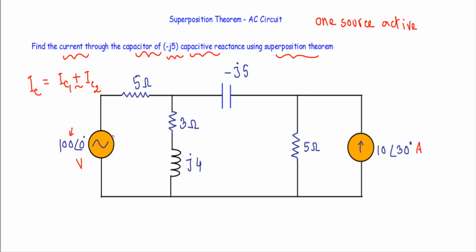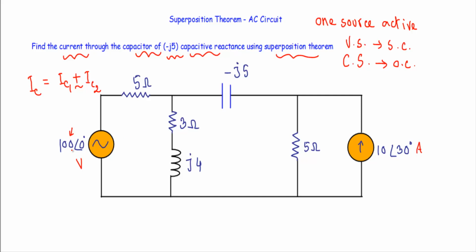Okay, so here at first I will keep this 100 phase angle 0 degree voltage source active. When I keep any source active, any current source in the circuit will be replaced by an open circuit, and any other voltage source in the circuit will be replaced by a short circuit.